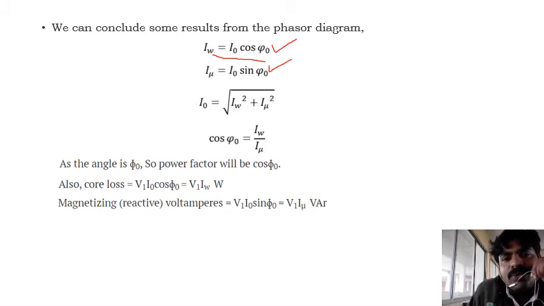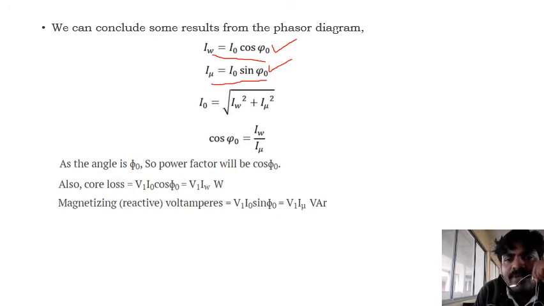So since IW is equal to I naught cos phi naught, then I mu is equal to I naught sin phi naught. Then I naught can be written as the square root of IW square plus I mu square.